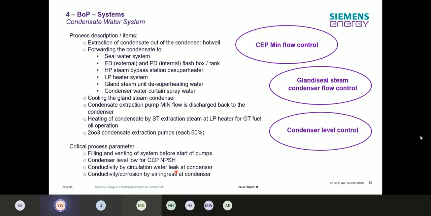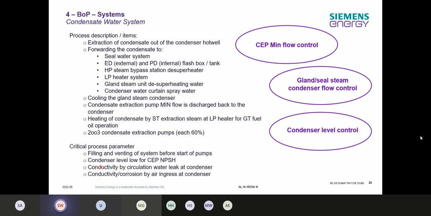It's not cleaned, it's not demineralized, etc. So this water will get into the condenser. So your conductivity and your samplings will get pretty bad. So then you can directly see there, okay, conductivity is bad. Something happened, because we don't want to get these bad values into the whole water steam circle, into the boiler, into the turbine, because they lead to corrosion, they lead to problems in the turbine, salt, etc. Everything can come up there.